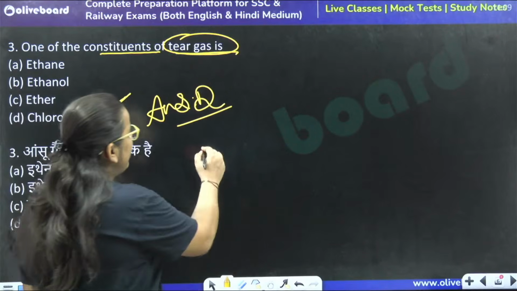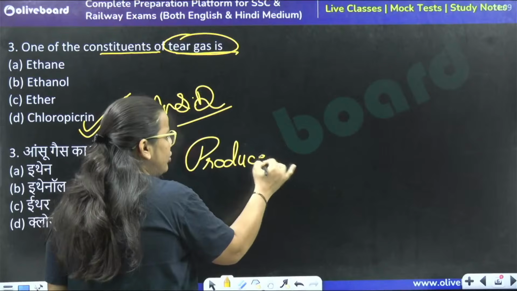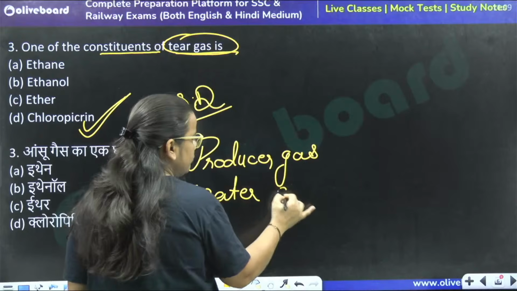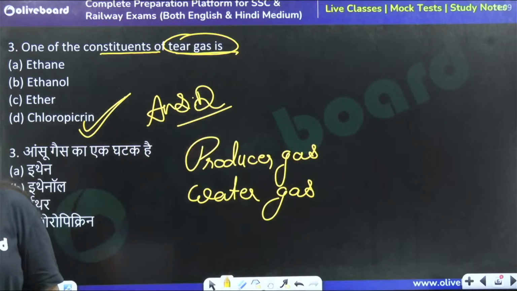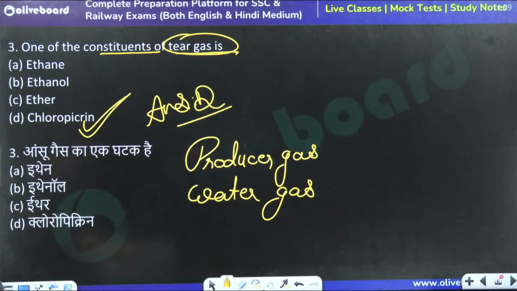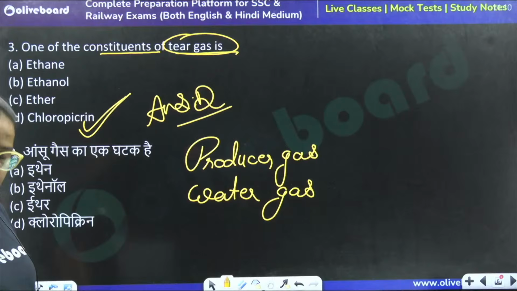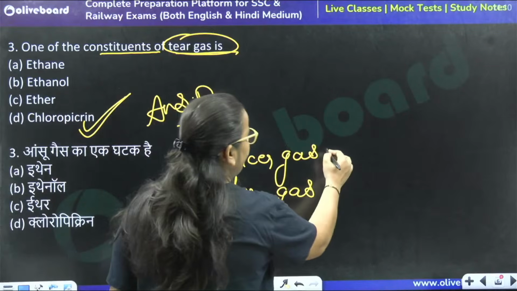Now, can somebody please tell me what is the constituent of producer gas, or what is the constituent of water gas? Anyone? What is the constituent of producer gas and water gas? Producer gas? Okay, so basically producer gas is the combination of which gases?